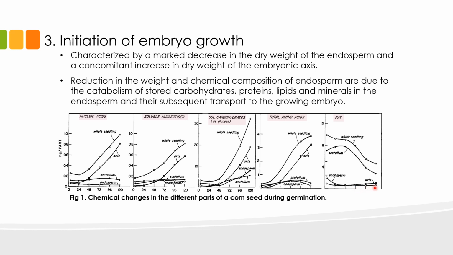The endosperm of corn seeds is composed mostly of carbohydrates and proteins and not a lot of fats or oils. The fats are mostly found in the scutellum, which is considered a modified cotyledon in monocot seeds. Now look at the fat content in the scutellum. It is also decreasing, while the fat in the embryo axis is gradually increasing. Again, this is due to the breakdown of all the reserves in the seed and their subsequent transport to the embryo.